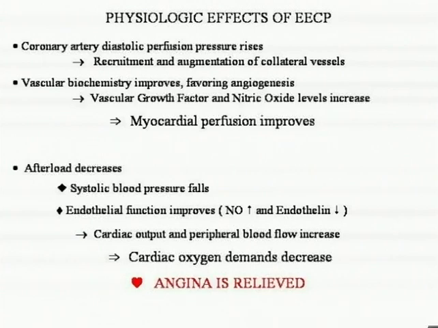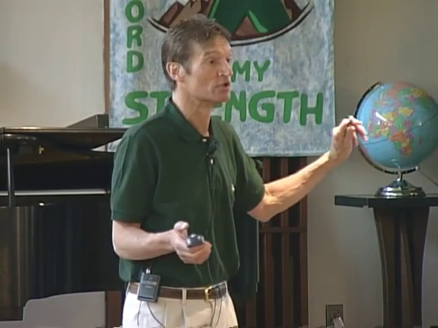Your afterload falls, your blood pressure decreases, endothelial function improves, you make nitric oxide and you vasodilate. Cardiac output and peripheral blood flow increase. Cardiac output increases not because you're whipping the heart, but because you're giving the heart a mechanical advantage. So the demands of the heart muscle for oxygen decrease.